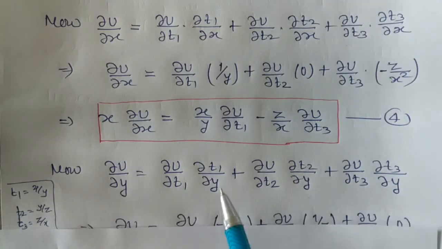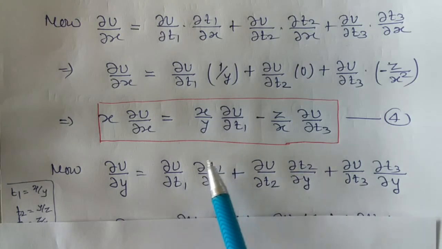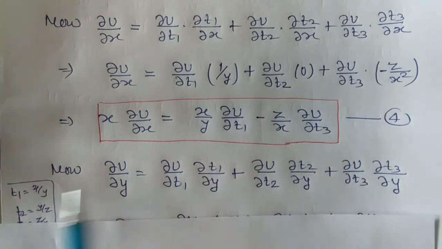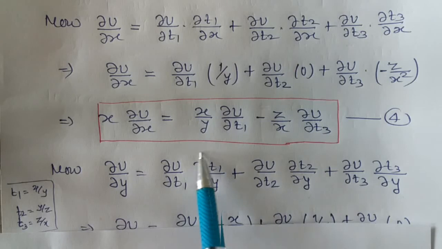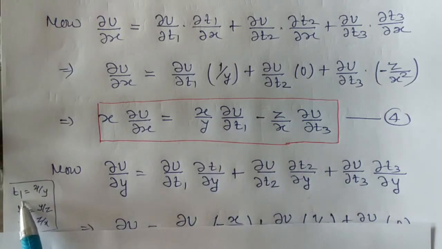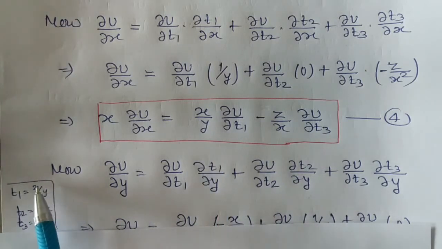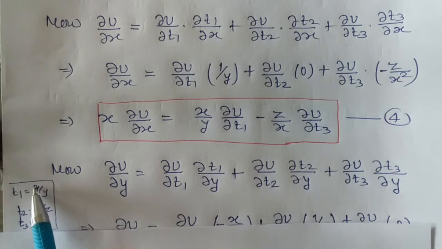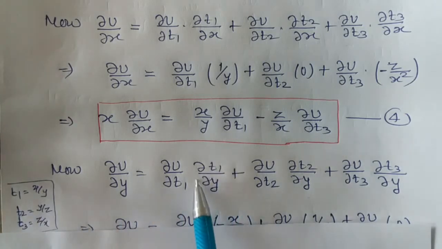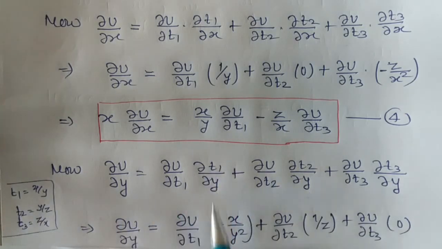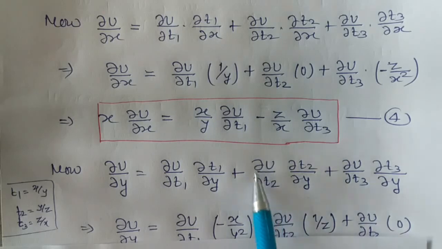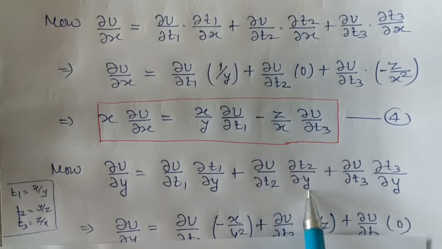Now del t1 by del y, partial derivative of t1 with respect to y. So t1 is x by y, so x is constant with respect to y, so as it is, and derivative of 1 upon y is minus 1 upon y square. So we get minus x upon y square plus del u by del t2 into del t2 by del y, partial derivative of t2 with respect to y.